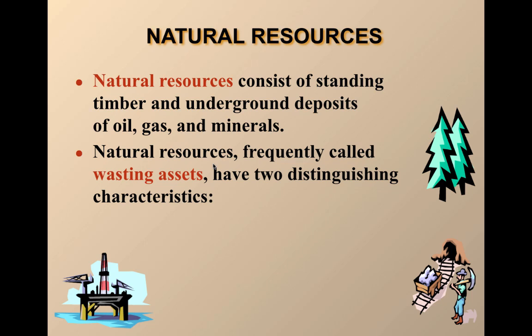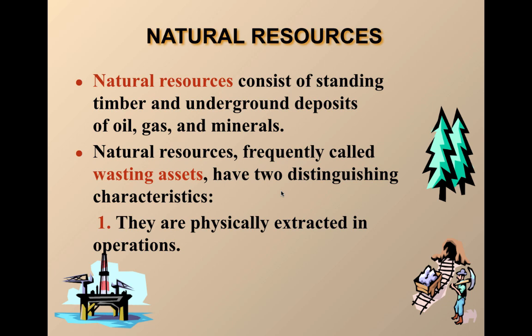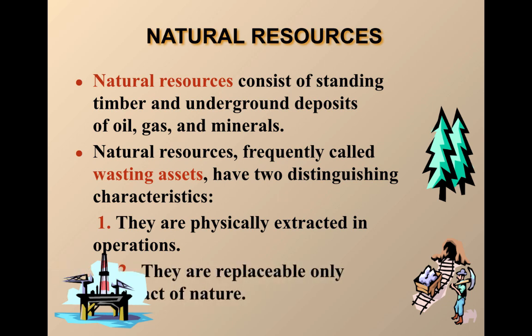These natural resources in accounting are frequently called wasting assets. That's because they are physically extracted in operations and they are only replaceable by an act of nature, which means the trees have to grow back, stuff like that.